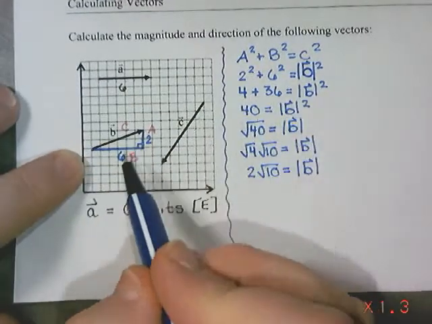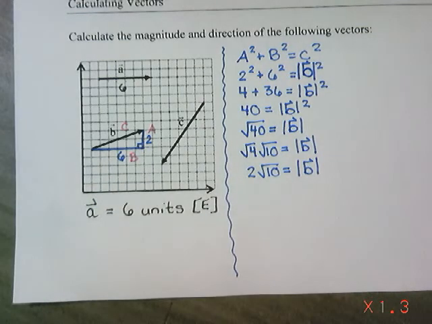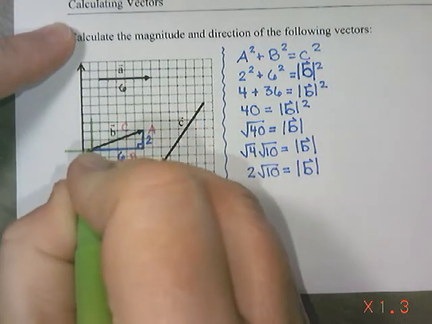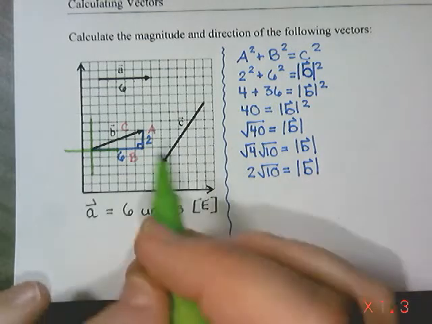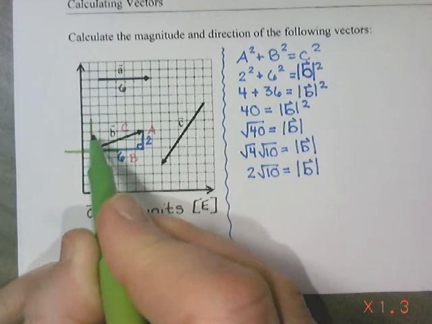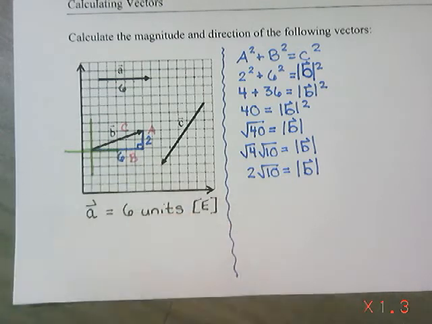So I always want to try to figure out the direction from the tail of the vector. And I'm going to just try to draw in a little north, south, east, west axis here to help me out. So this vector is closest to the north. We usually start with north and then go east, or north and then go west. We don't often start east and then go from there.